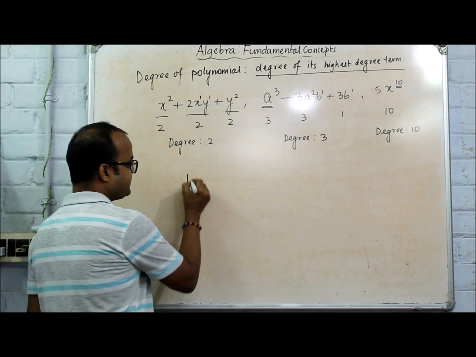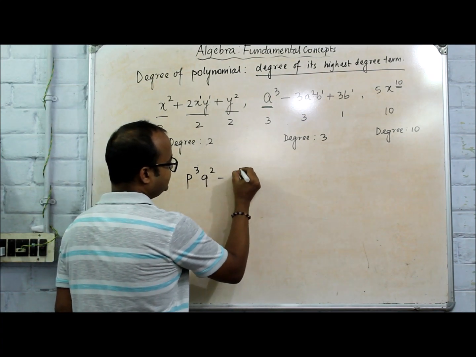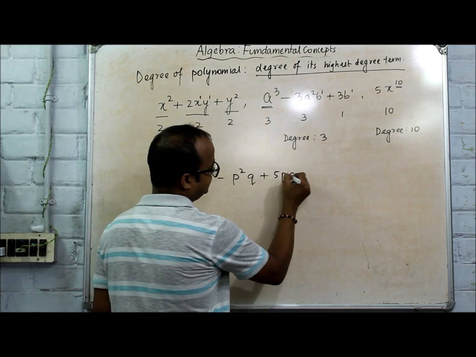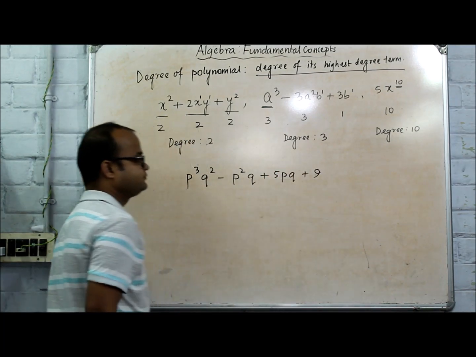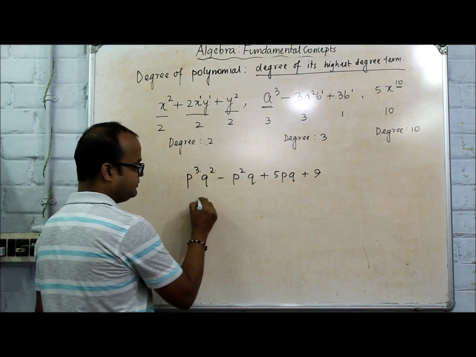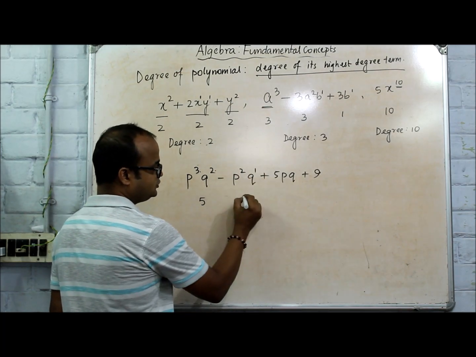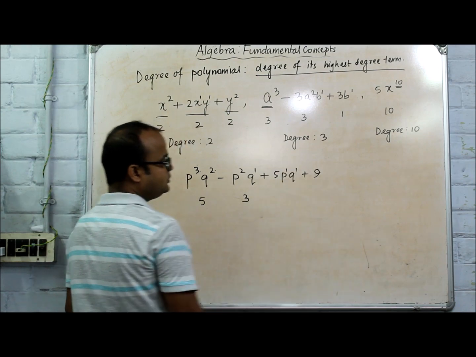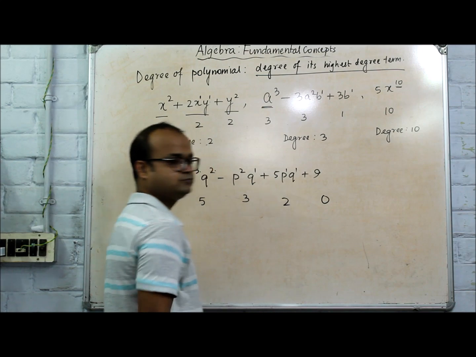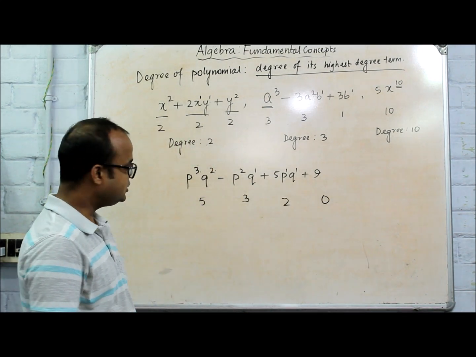Let us take another example. Suppose I say p cube q square minus p square q plus 5pq plus 9. 3 plus 2, 5. Then p square q: q means q to the power 1, so 3. 5pq: 1 plus 1, 2. And 9: no variable is there, so constant, that means degree is 0.